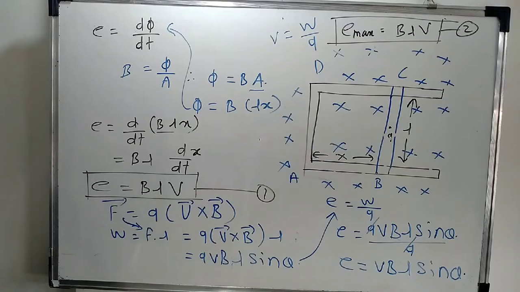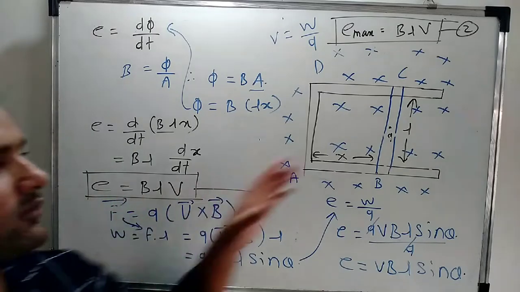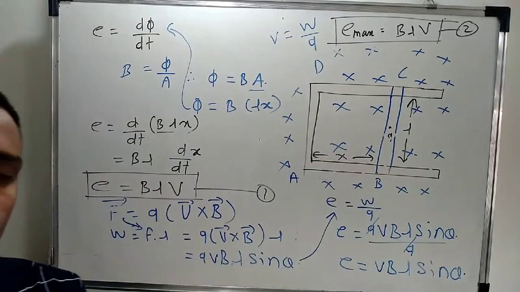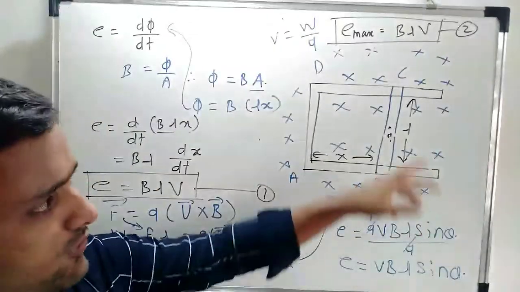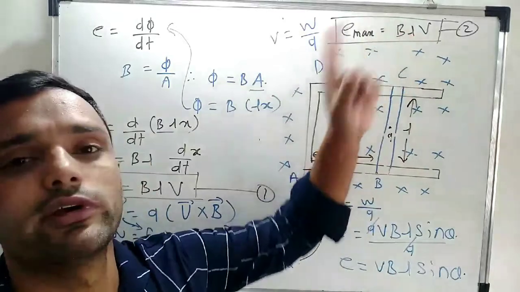What is your conclusion about equation number 1 and 2? From these two equations we can see that the magnitude of the induced EMF along the length of the conductor BC and the magnitude of the EMF along the charge Q are the same.